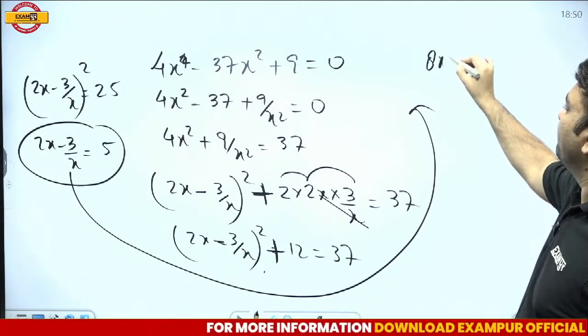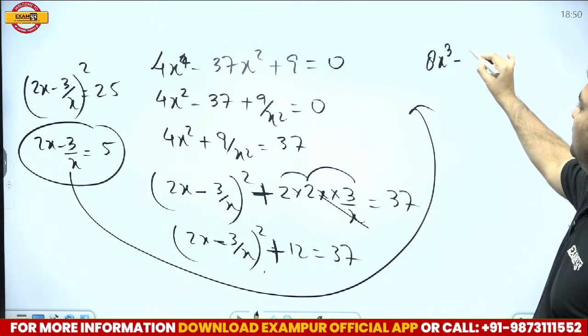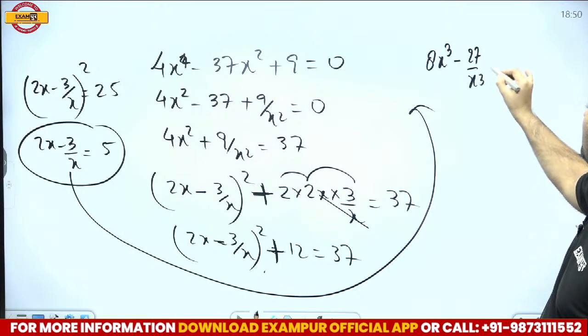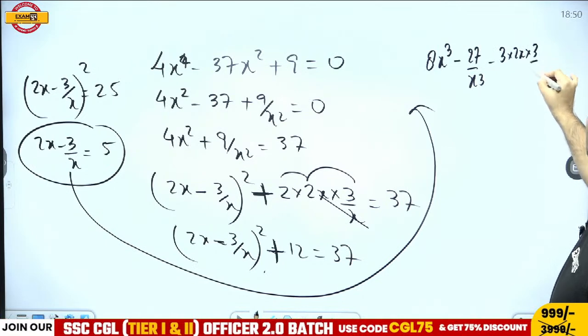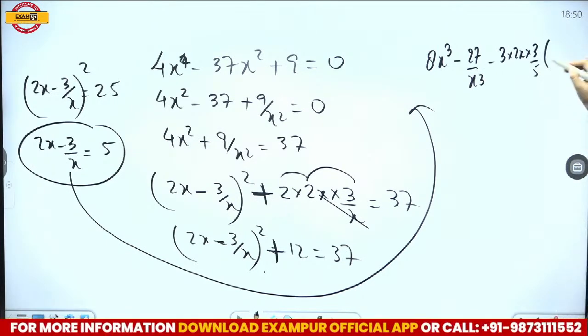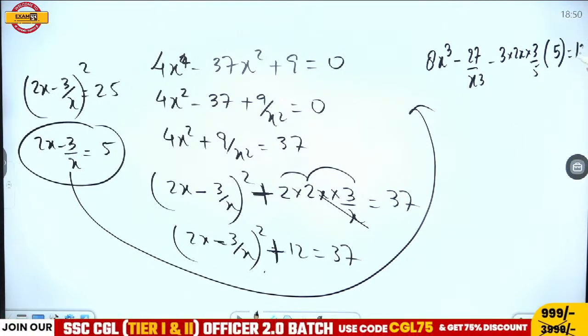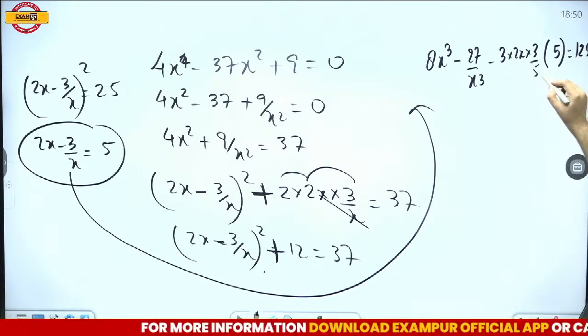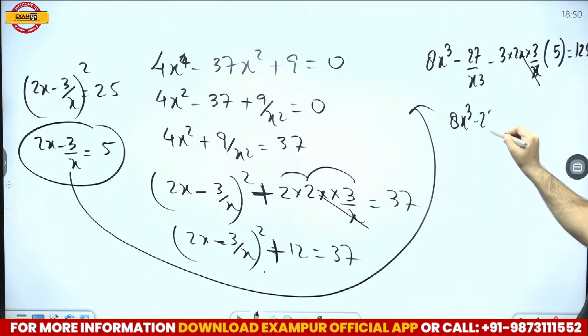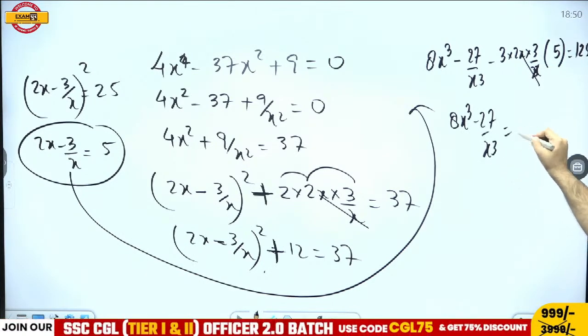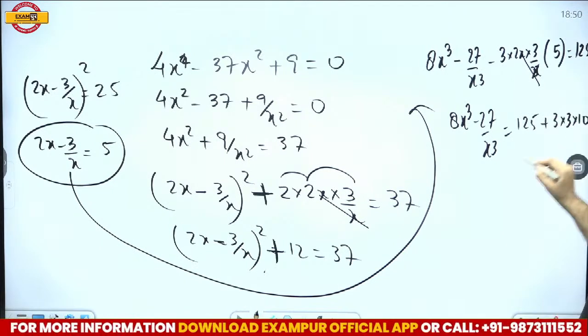A cube minus b cube minus 3ab, a minus b is already 5, is equal to 5 cube. So 8x cube minus 27 by x cube is equal to 125 plus 3 into 3 into 10.